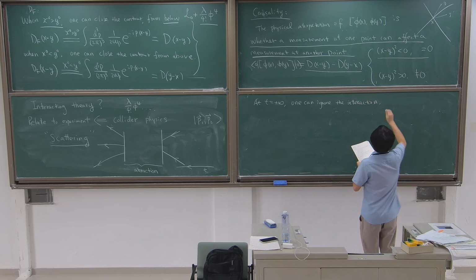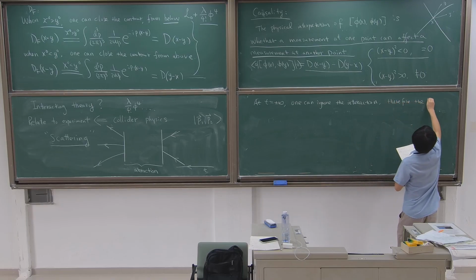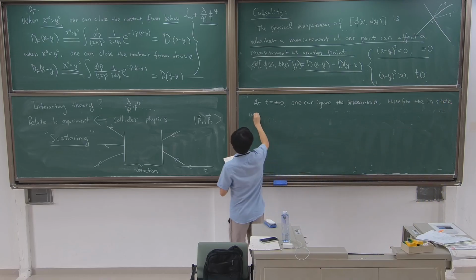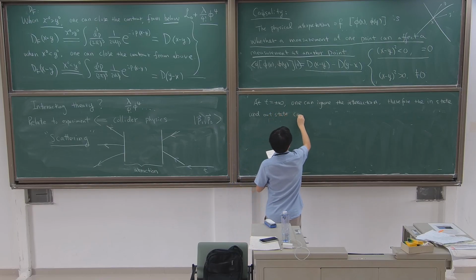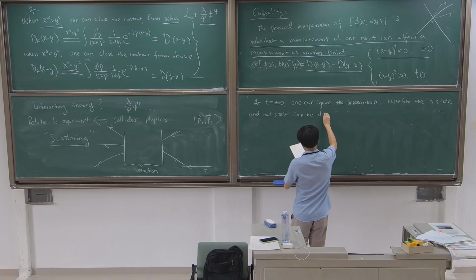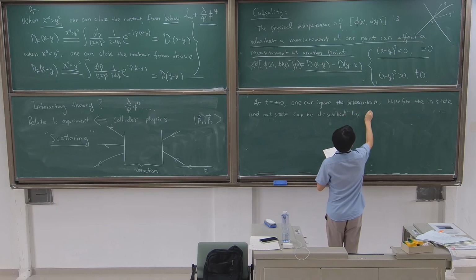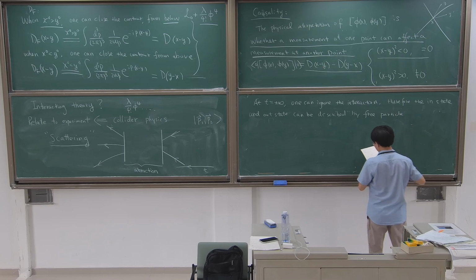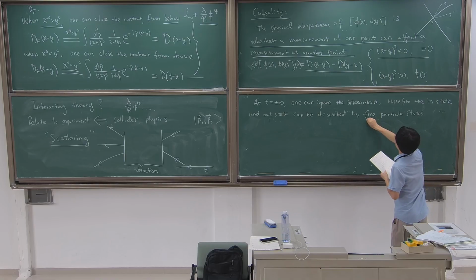Therefore, the in state and the out state can be described by free particle states. This free particle state, we also call a particle state.